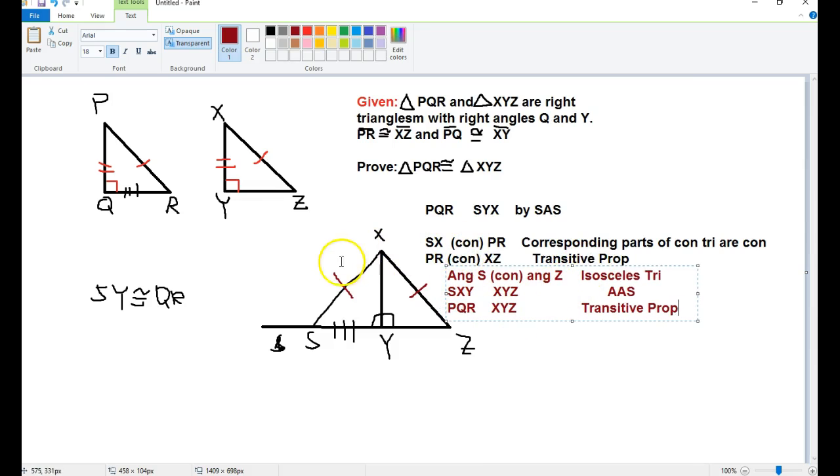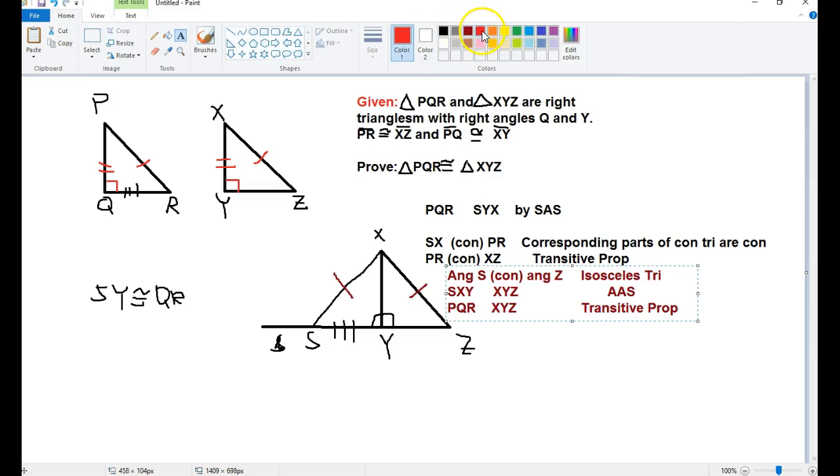So we use the transitive property a couple times here. First with the drawing for PR to XZ, and then PR to XS, and then XS to XZ. Then angle S and angle Z are congruent because of the isosceles theorem. The isosceles triangle theorem says that if two sides are congruent, the legs are congruent, the angles opposite those sides will be congruent.